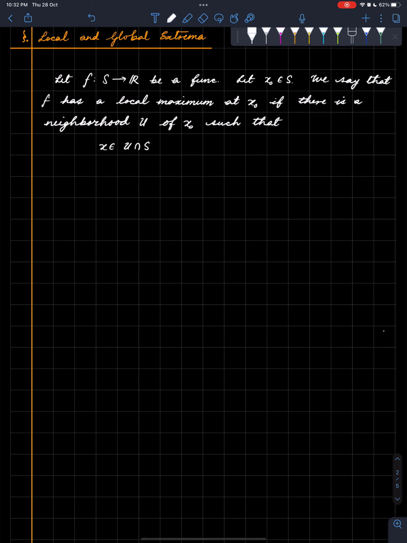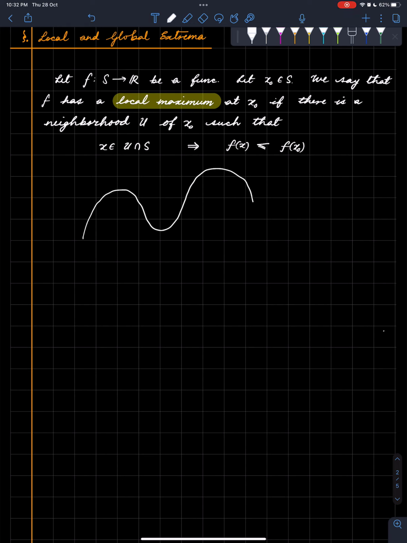So let's see an example. Suppose my function is like this, meaning this is the graph of the function, and let's say this is x naught. Let me redraw. Suppose it is like this. As we can see, if you take a small neighborhood around x naught, then the graph of the function above that neighborhood looks like this.